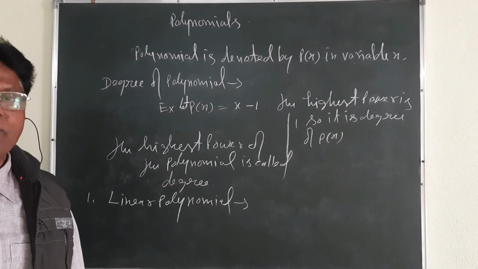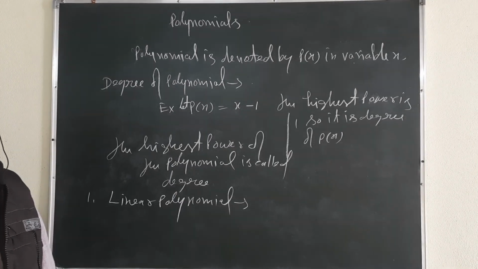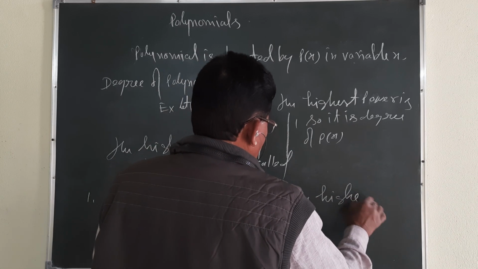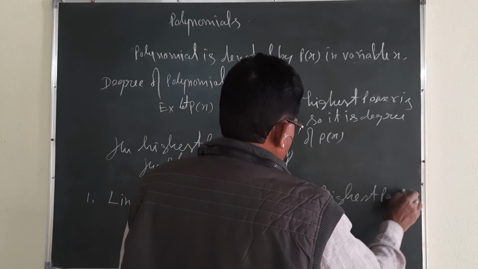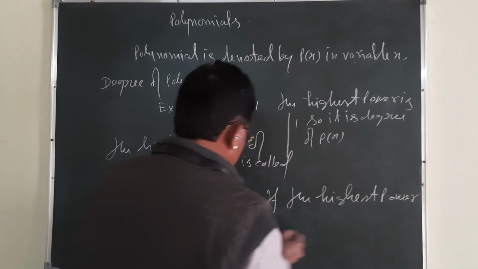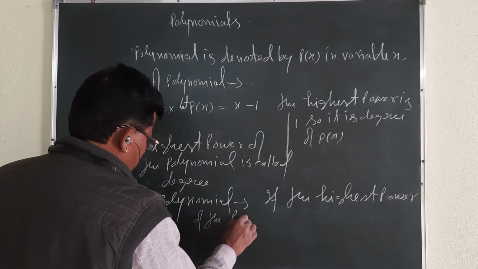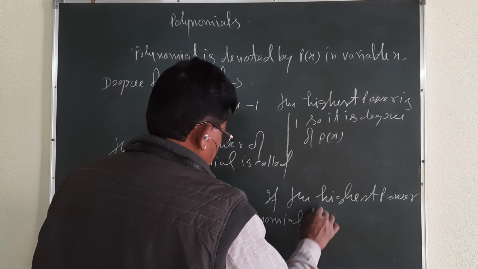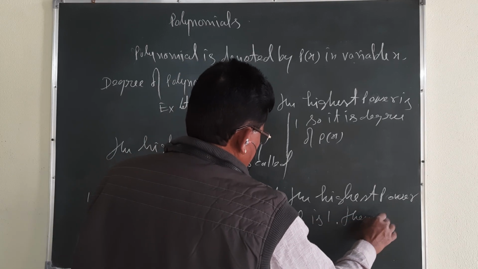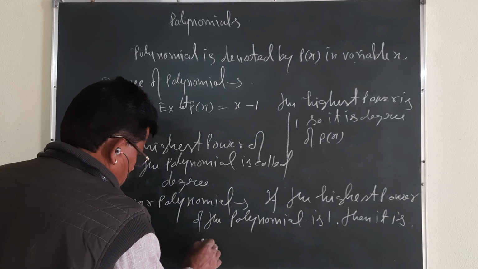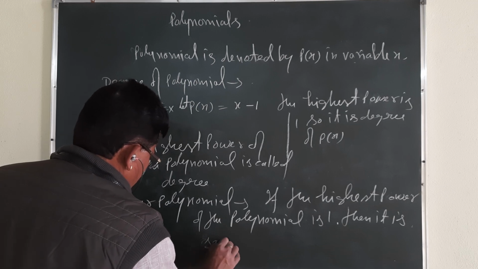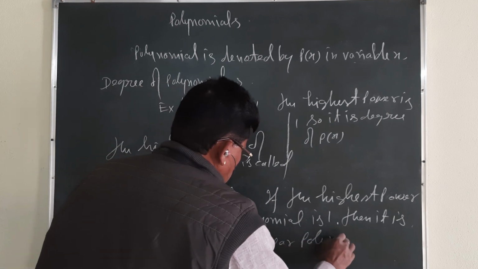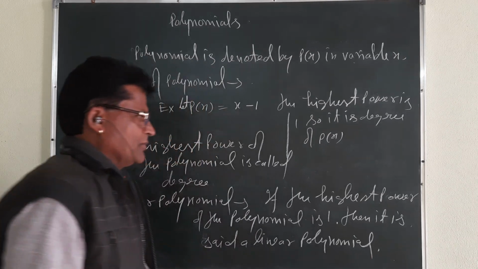If the highest power of the polynomial is 1, then it is said to be a linear polynomial.